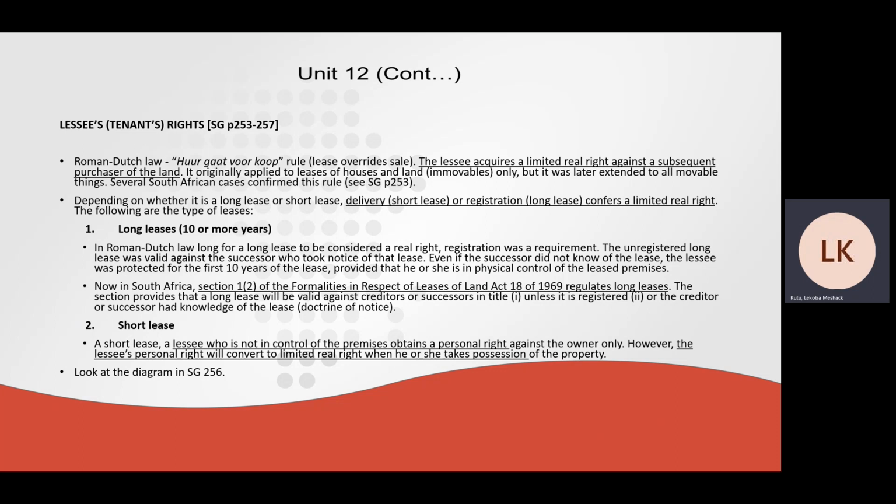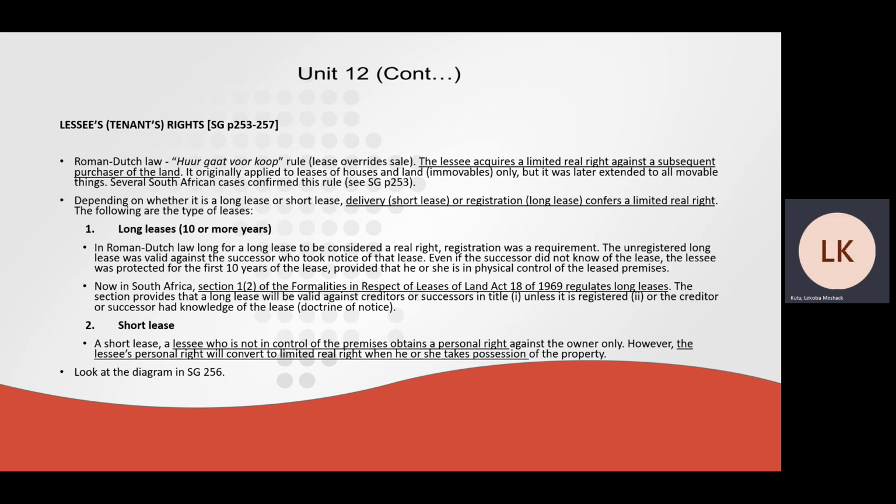This principle used to apply to leases of houses as well as land, but it has been extended to movable things. There are several cases that confirm this rule. Go to page 253 of the guide.